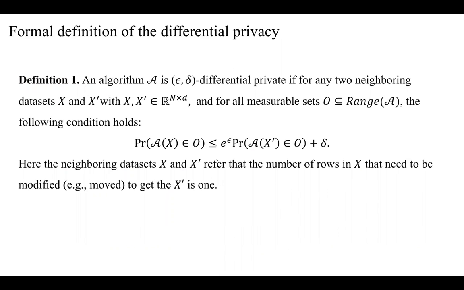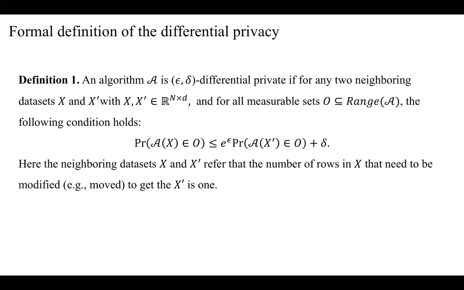The formal definition of differential privacy is as follows. Specifically, algorithm A is (epsilon, delta)-differentially private if for any two neighboring datasets x and x prime, and for all measurable sets O, the following condition holds. We can see this is an inequality about probability.